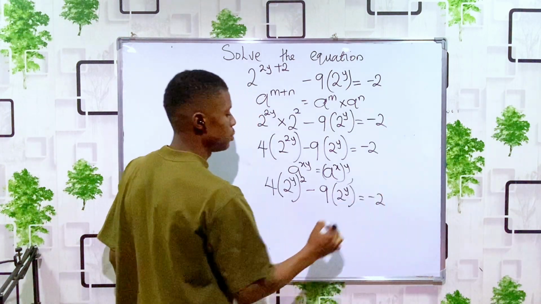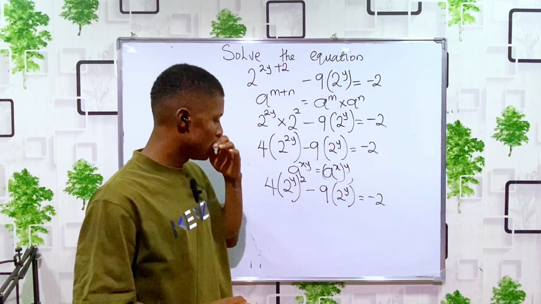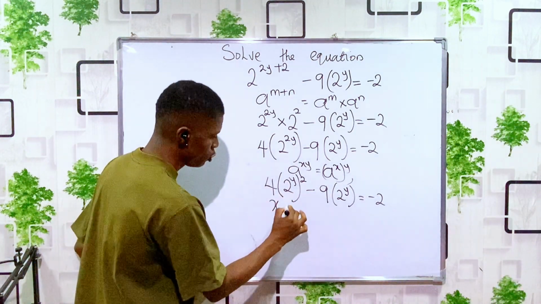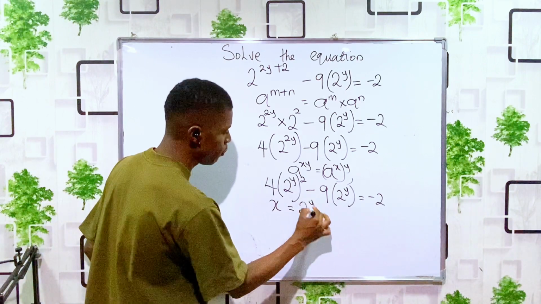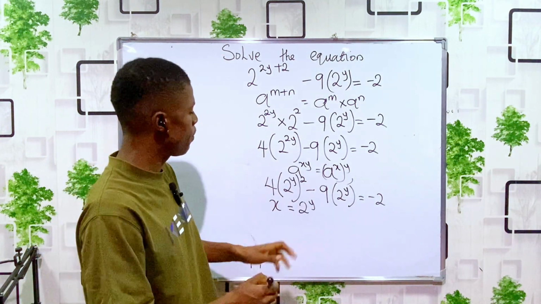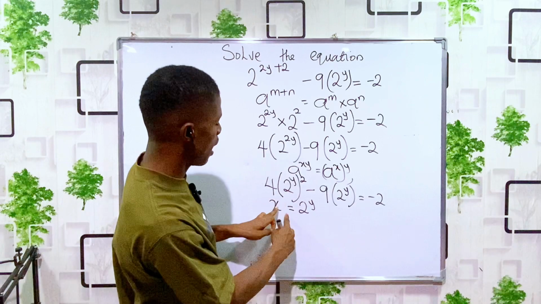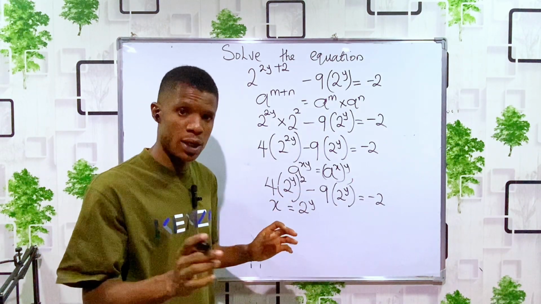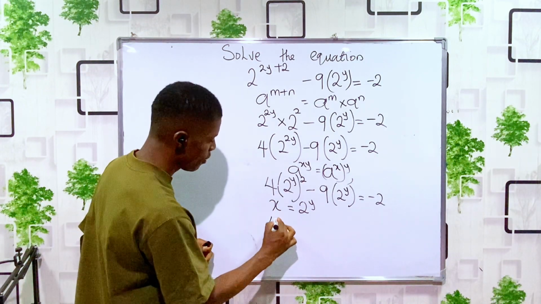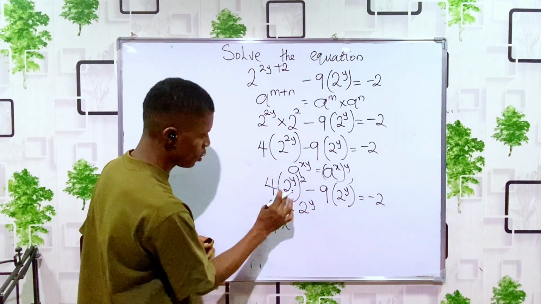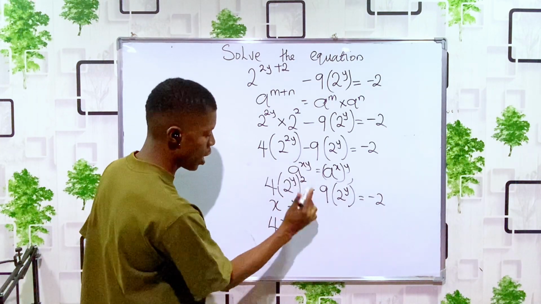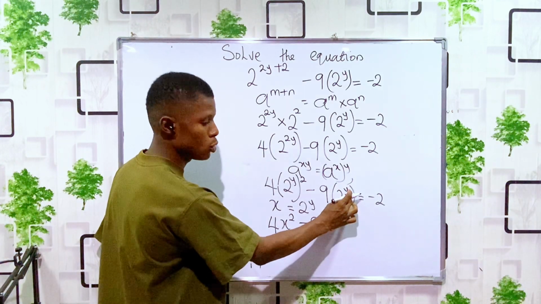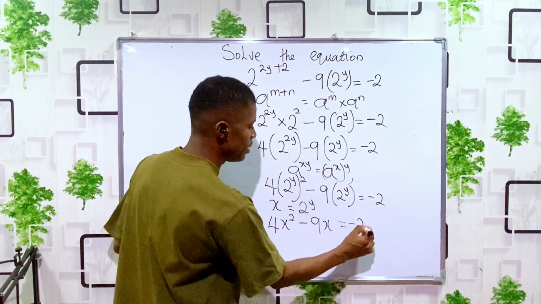is equal to negative 2. At this stage, I can now use a letter, let me say x, to be equal to 2 to the power of y, so that I can plug in x to represent this particular exponent. So I have 4x squared, minus 9x, because they are the same 2 power y, is equal to negative 2.